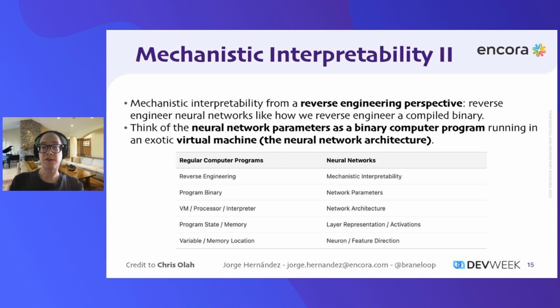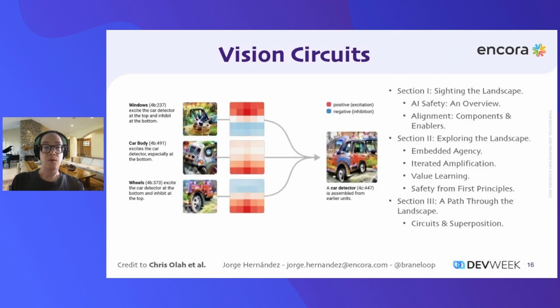The VM processor or interpreter is the equivalent of the network architecture. The state or memory are the layer representations and the activations, and the variables and memory locations are the neurons and feature directions.